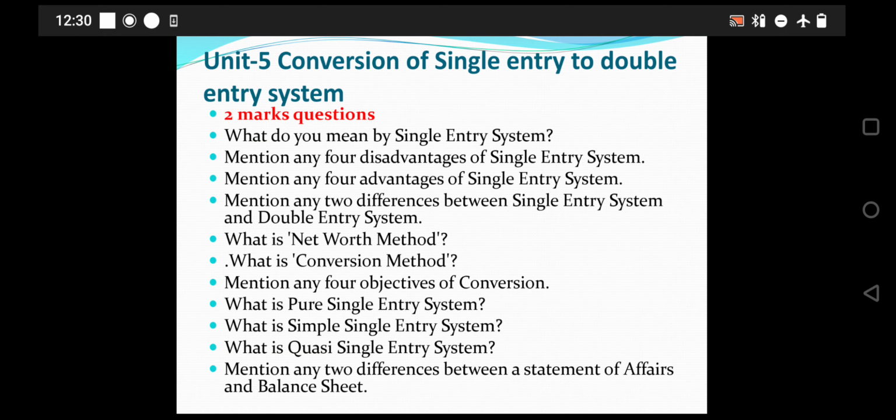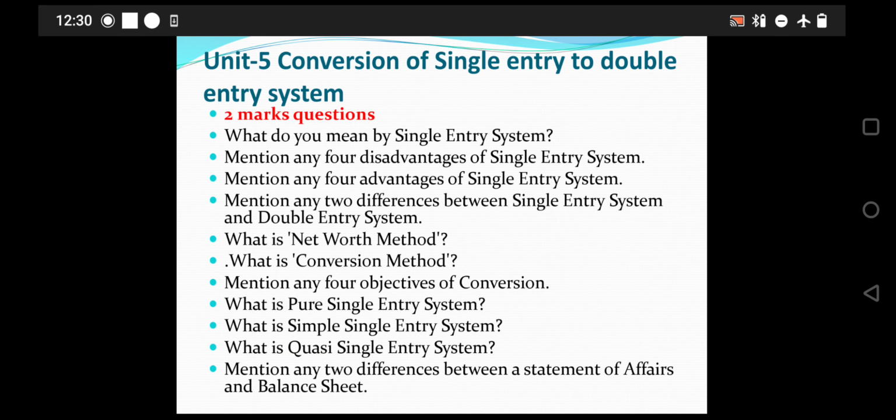We'll prepare the bills receivable account, debtors account, bills payable account, creditors account, and we'll prepare the cash book. Then if required, we'll prepare a memorandum trading account also. Each and every account is prepared to know some of the missing information.